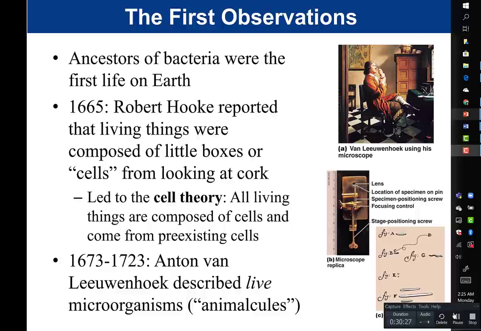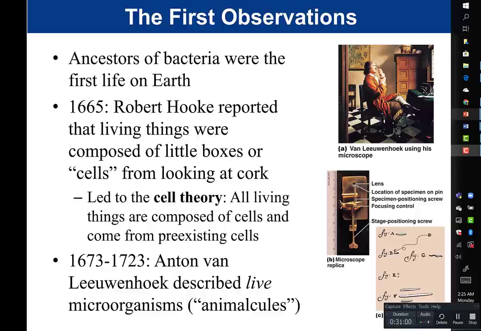Now, Anton van Leeuwenhoek, 1673 and 1723, was the first to describe living microorganisms, what he called animalcules, little animals. He looked at different specimens like rainwater, feces, and scrapings from teeth, using this primitive microscope that you see here.